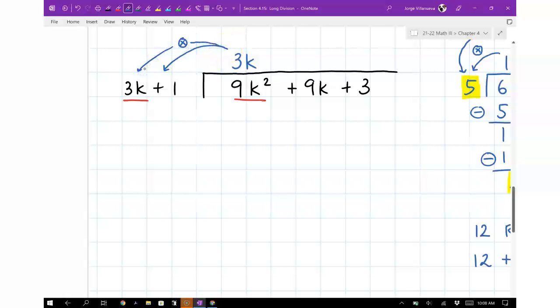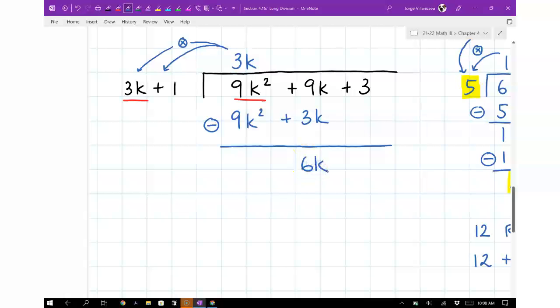So let's see. 3k times 3k, that's 9k squared. 3k times 1 is 3k. And we're going to subtract, just like you're supposed to, right? Now, 9k squared minus 9k squared, that becomes 0. 9k minus 3k, that's 6k.